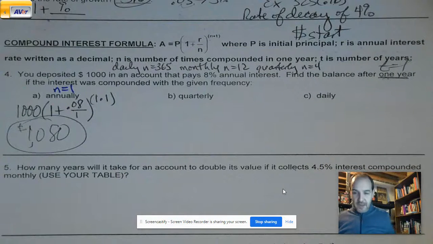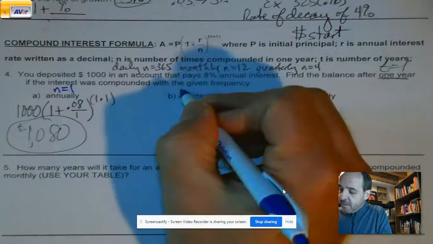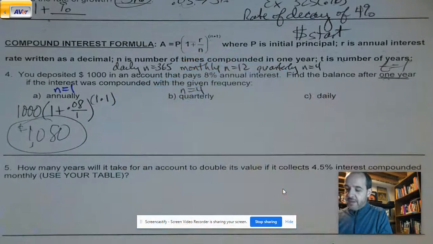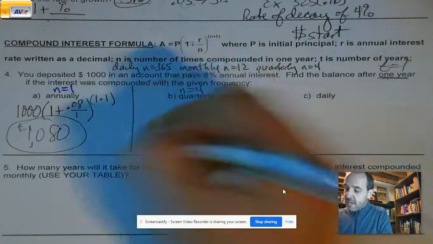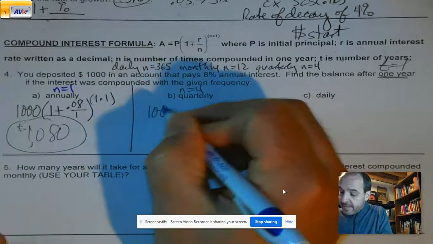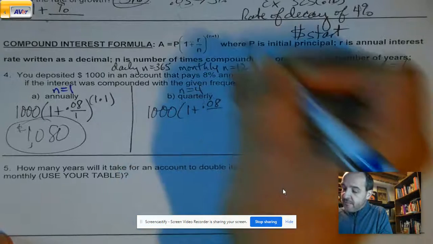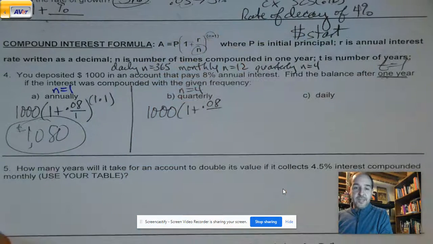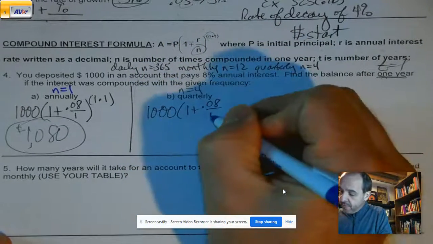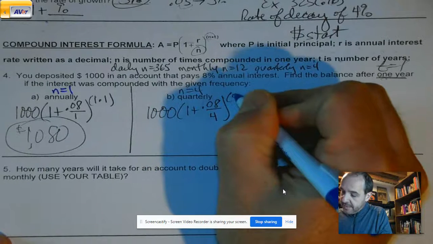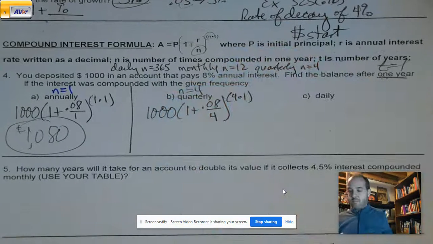Now, does it make a difference what that N value is? We talked about quarterly up above being 4. Everything else is the same. Same principal, same rate. The only difference is in these 2 spots where these N's are, we're going to do 4 now instead of 1.